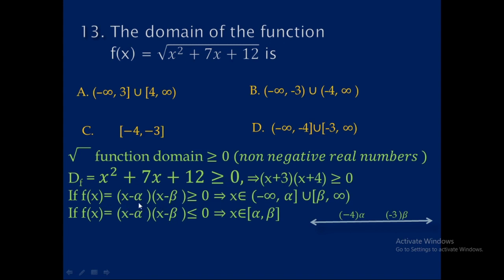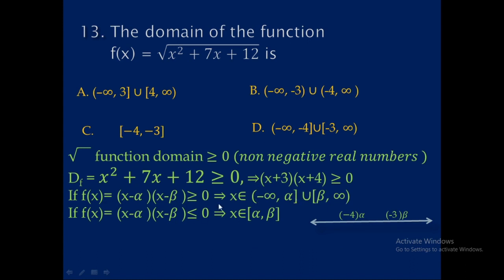Therefore, x minus alpha into x minus beta greater than 0 means the value of x belongs to the intervals minus infinity to alpha and beta to infinity, when alpha is less than beta. Greater than or equal to 0 gives the same with closed ends.